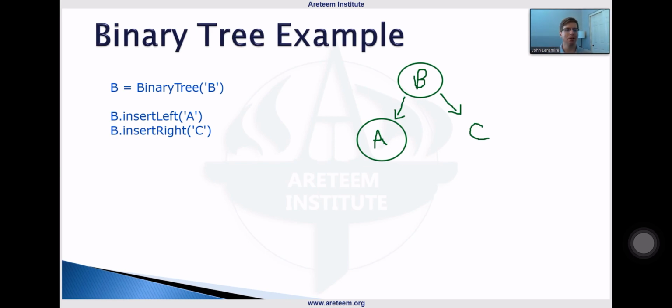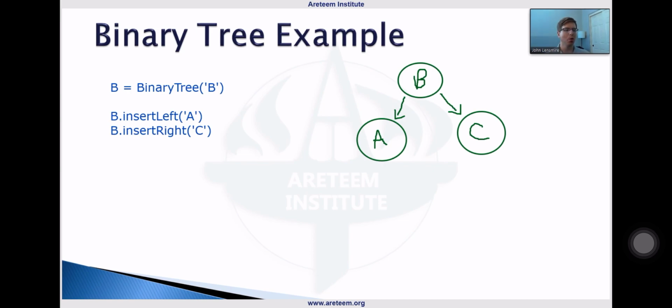Now, none of this should be shocking. If we now call b dot get left, we'll get a. b dot get root value, we'll get b. b dot get right, we'll get the c value, or the node associated with that. Remember, we're not actually getting those values, we're getting those subtrees.